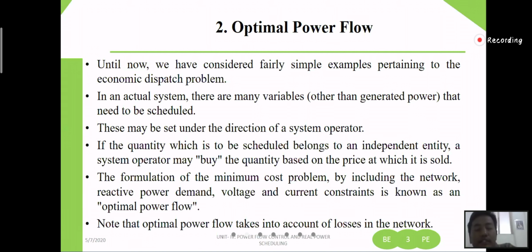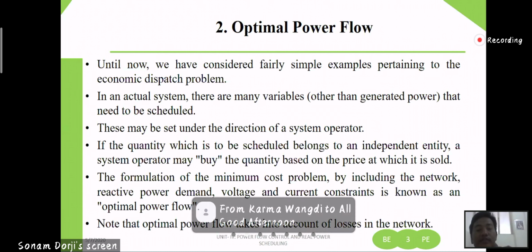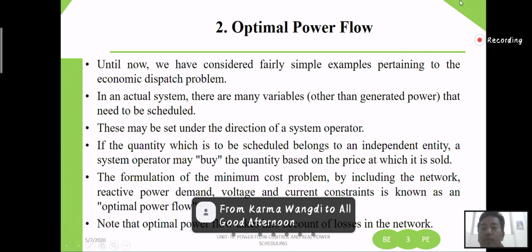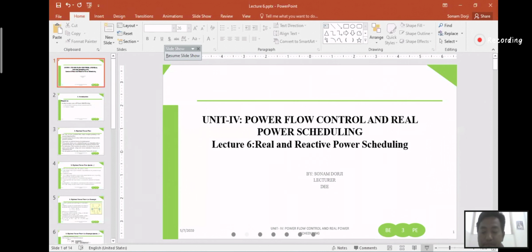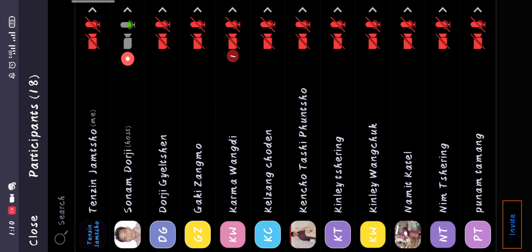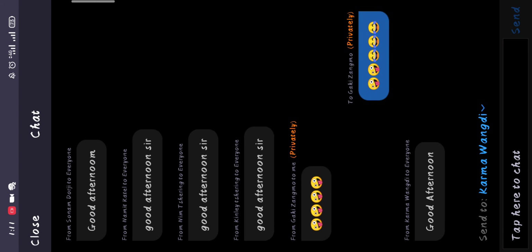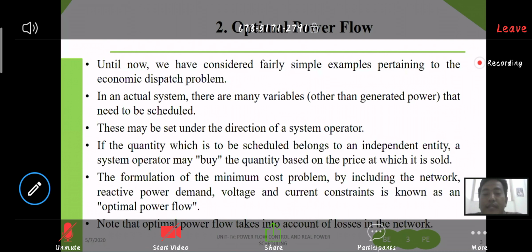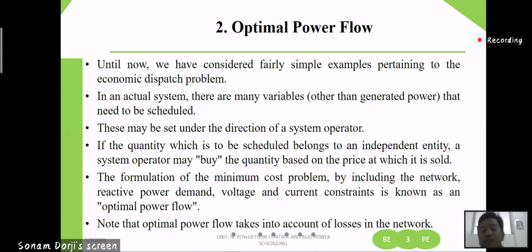When we consider all this, we are trying to find the optimal power flow. So we'll define optimal power flow first, and then we'll try to carry out the optimization.